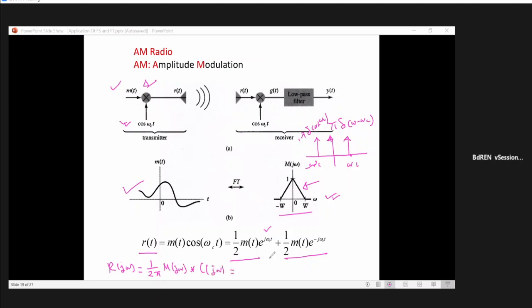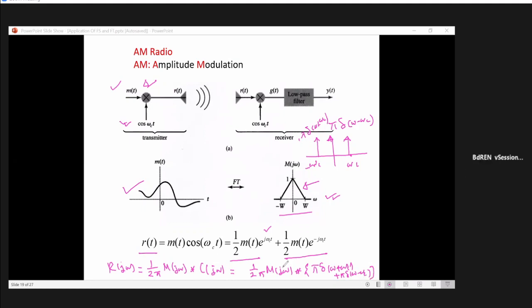In our case, it will be equal to 1 divided by twice pi M j omega, convolution with pi delta omega plus omega c plus pi delta omega minus omega c, isn't it?